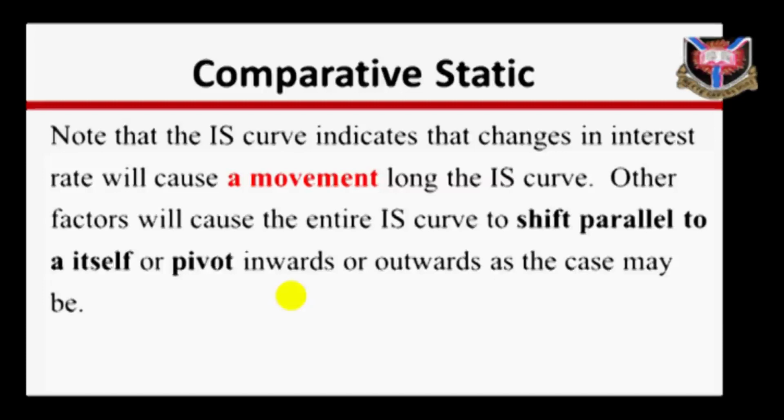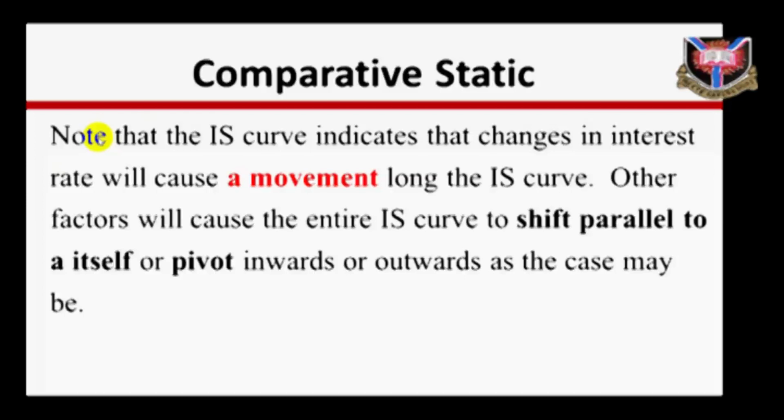Equation 7.9 gives the IS function. It is easy to verify that it is negatively sloped. To be sure, differentiate equilibrium income Y with respect to R to get dY*/dR equals minus H over (1 minus B), which is less than 0.